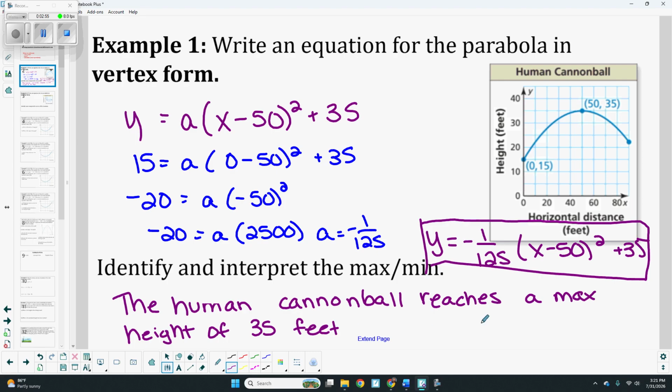And that's after they've traveled 50 feet. And that is our interpretation of the max or min point.